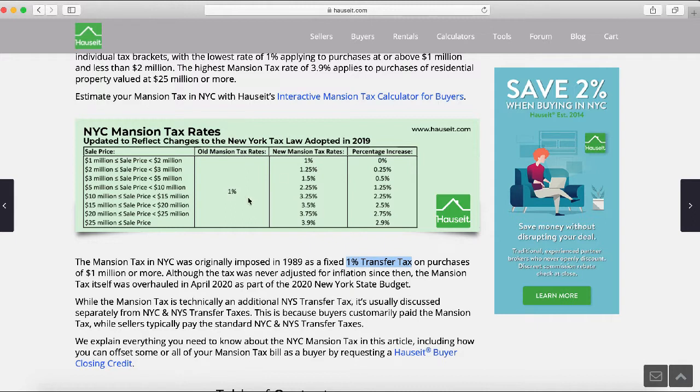So the tax rate itself has not changed for sale prices from 1 million to less than 2 million, but as you go above 2 million, at or above 2 million, the mansion tax rate can go up significantly, and it tops out at 3.9% for purchases of $25 million or more.